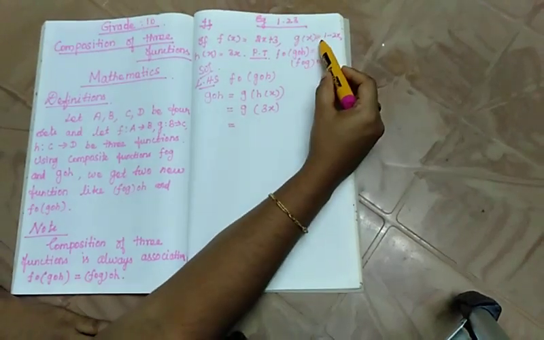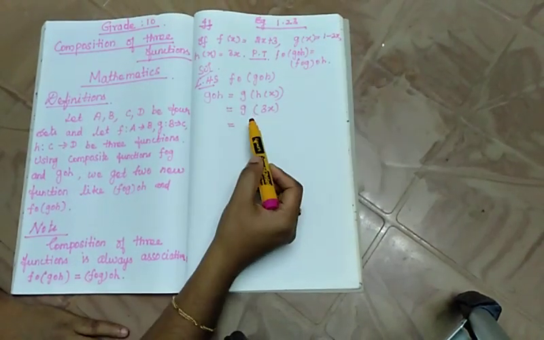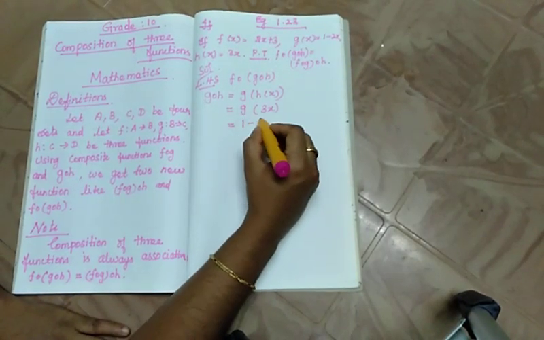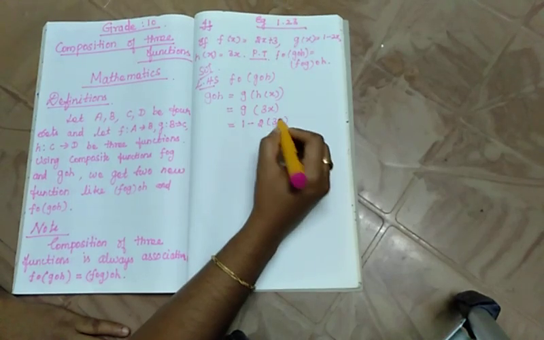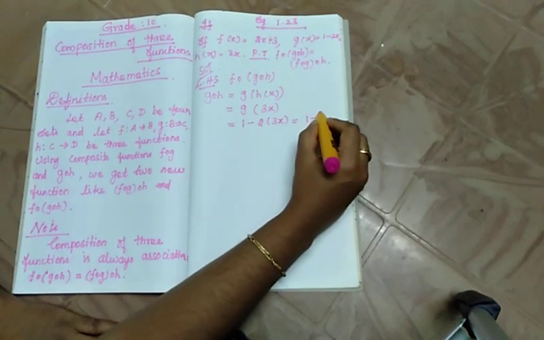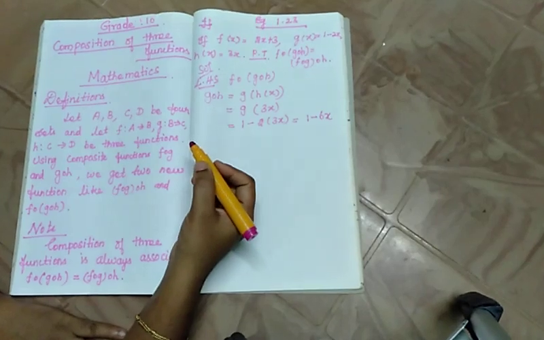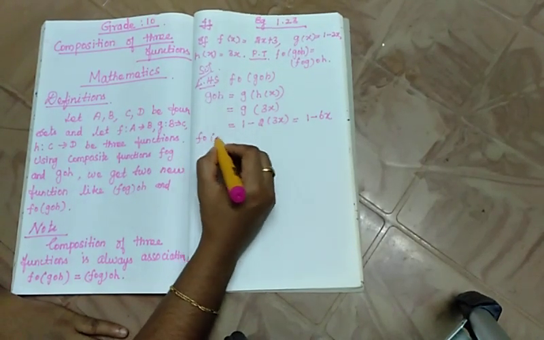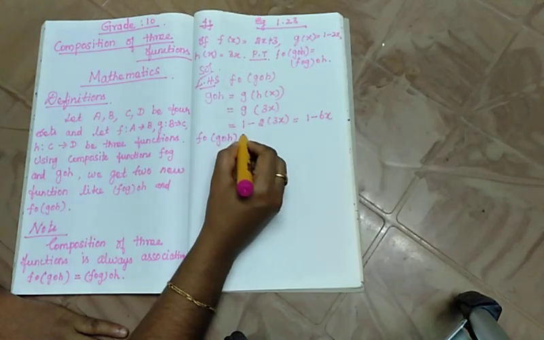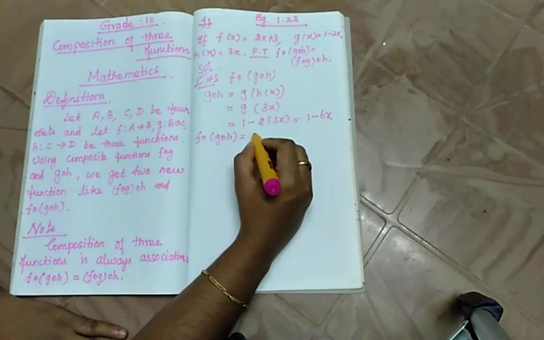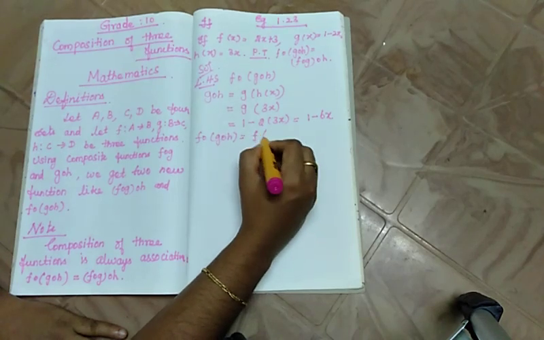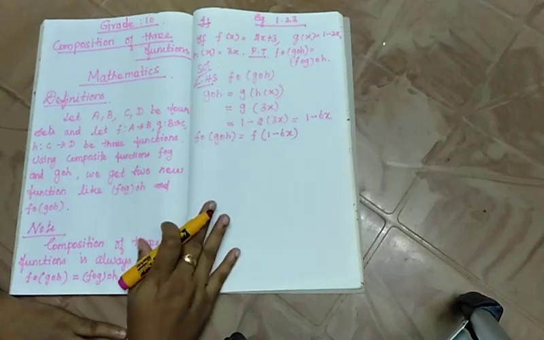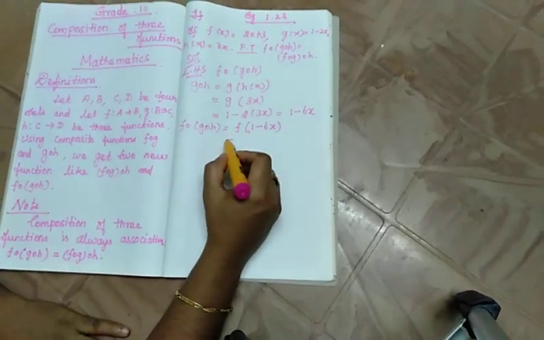Now g of x is equal to 1 minus 2x. In the place of x, we have to substitute 3x. So what we get is 1 minus 2 into 3x, which is equal to 1 minus 6x. Therefore f of (g of h) is equal to, what will you get? g of h is 1 minus 6x, which is equal to, substitute.